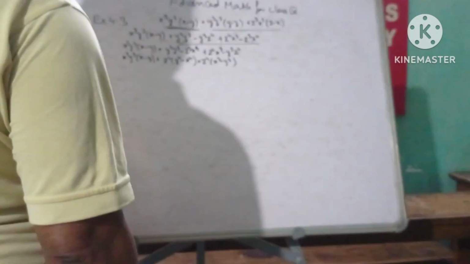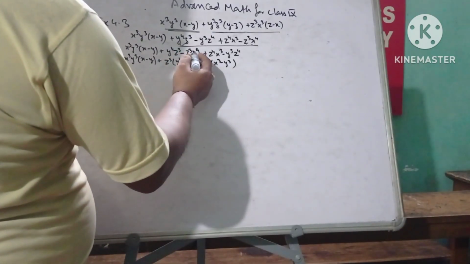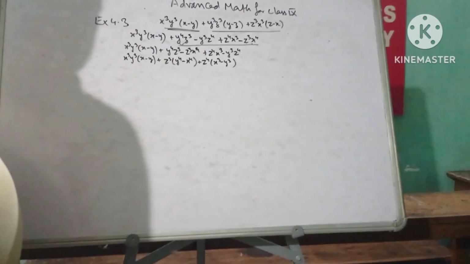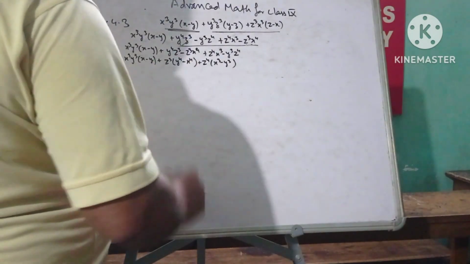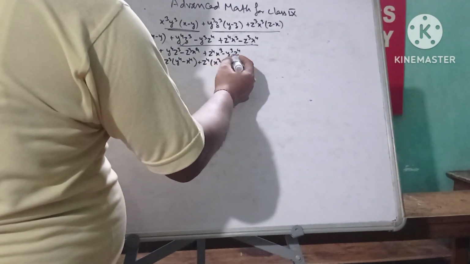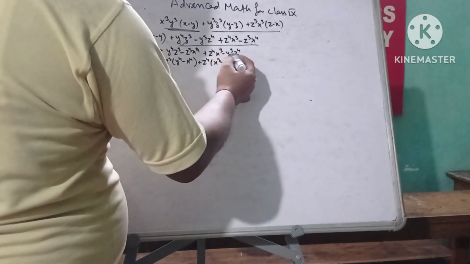Okay then, here your z cube common, so x^4 minus y^4. Here this is your z^4 common.